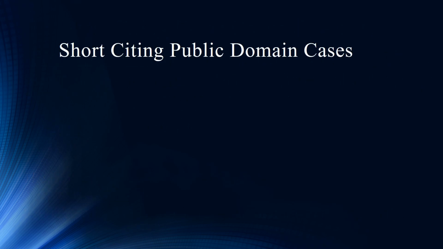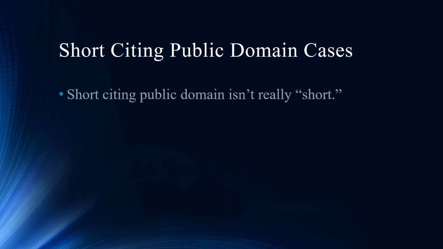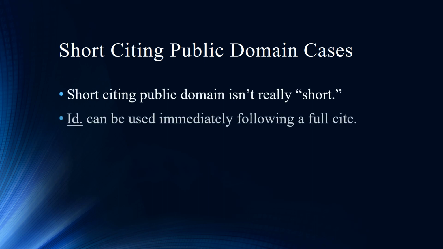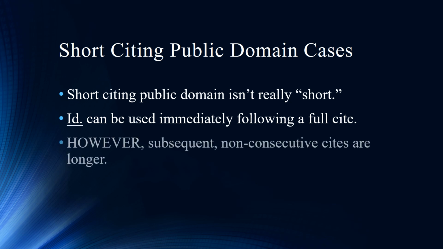Finally, let's talk about short citing public domain cases. As a disclaimer, short citing public domain is seldom very short. While id may be used for citing authority which you have full cited in the immediately preceding sentence, any other short cites are going to be a little longer.